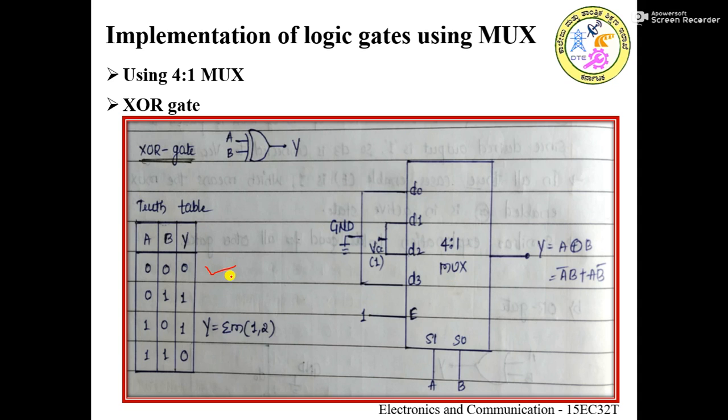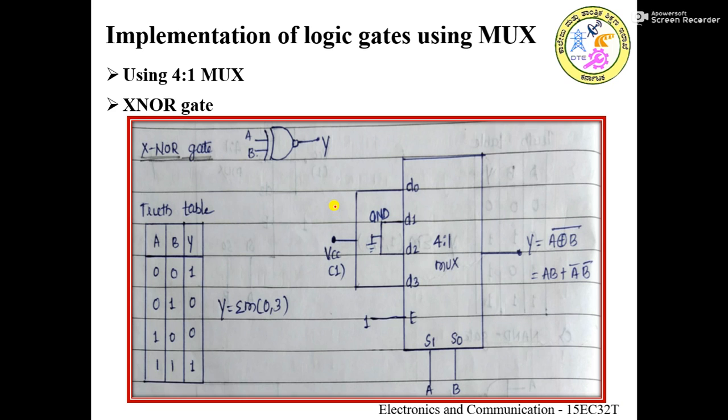The first and the fourth outputs are 0, meaning D0 and D3 are connected to ground. And the middle two are 1, meaning D1 and D2 are connected to VCC. This is about the XOR gate. And this is the XNOR gate, which is the reverse of the XOR gate.